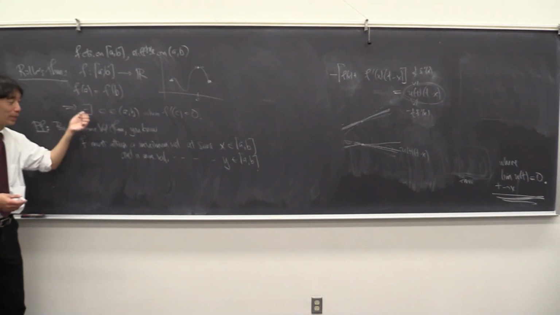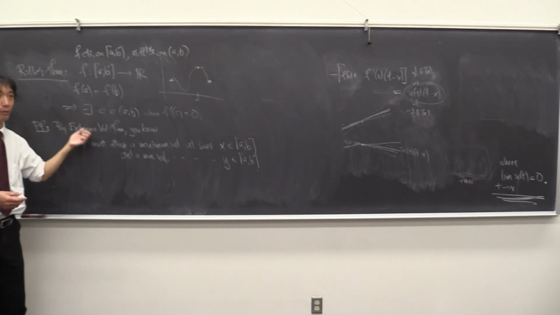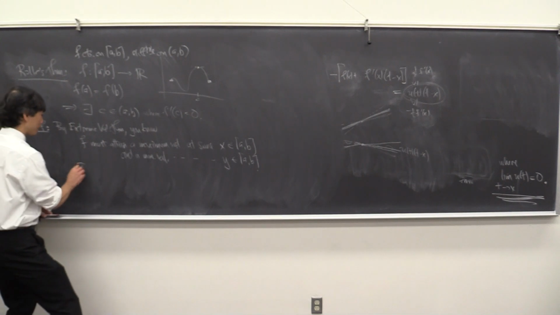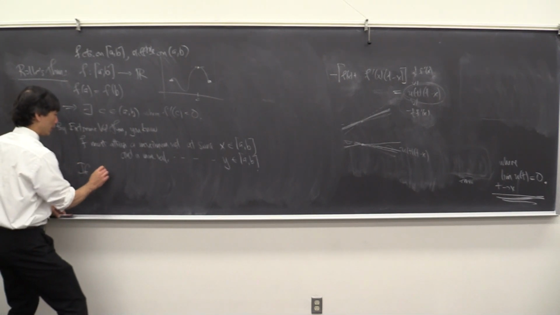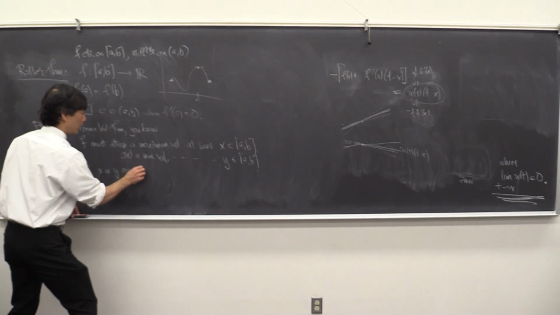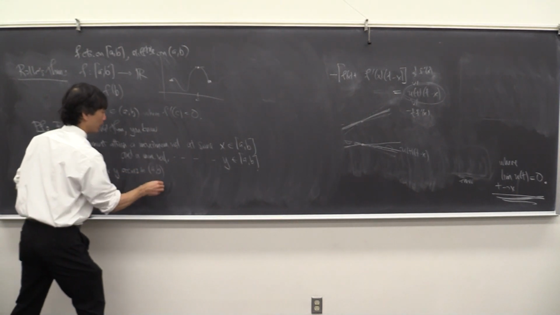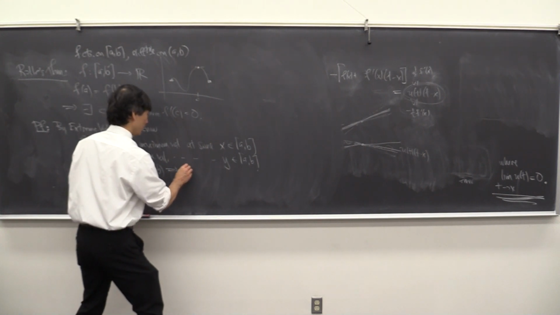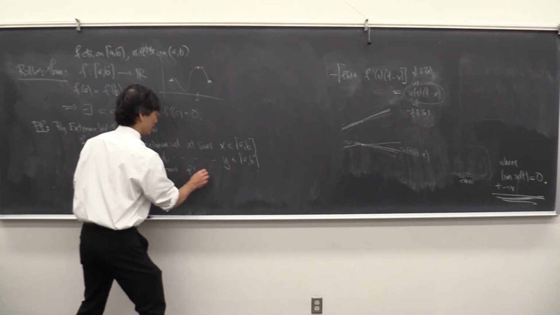We just said if you have a max and the derivative is defined there, then the derivative is going to be 0. So if x or y occurs in (a, b), then we're done. F prime must be 0.